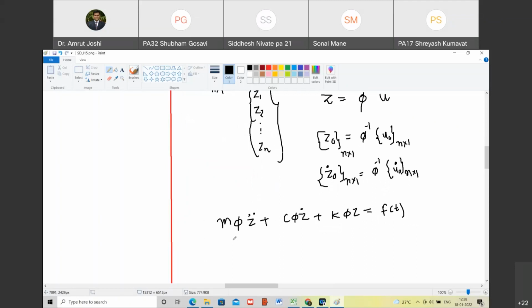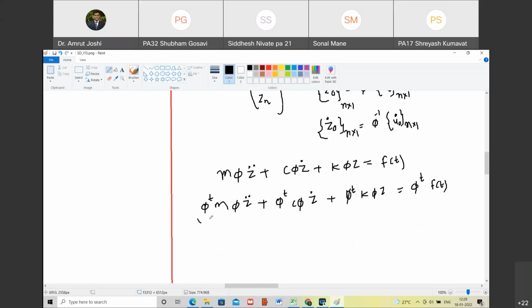So to have uniformity, everything we have to bring to the transformed coordinate system. So we pre-multiply both terms by phi transpose. So phi transpose m phi z double dot plus phi transpose c phi z dot plus phi transpose k phi z is equal to phi transpose f of t. Are you with me? Yes, sir.